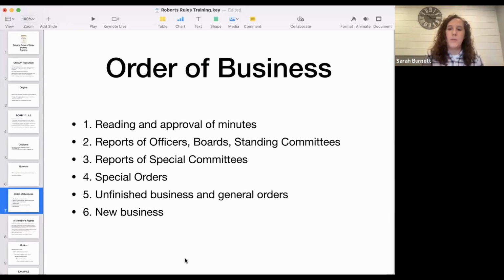So that would be an opportunity, under new business, to say, I move that we participate in this upcoming festival. And then somebody says, well, there's a registration fee that's due tomorrow for $50. Somebody else can say, I move that we tell the treasurer to pay that fee. This is why I'm a big proponent of new business being on an agenda, because it allows an assembly to be deliberative.